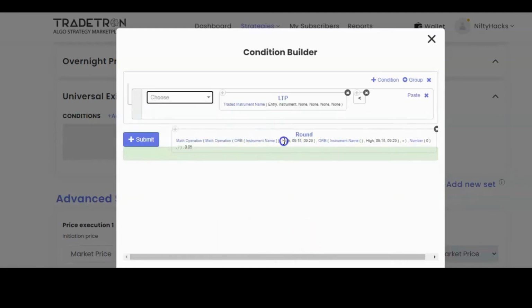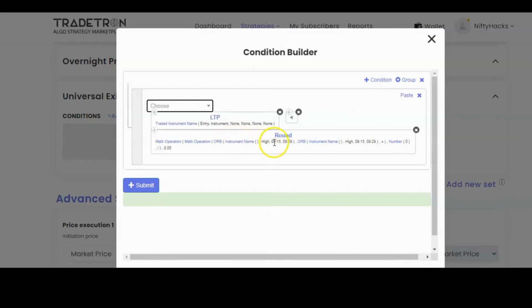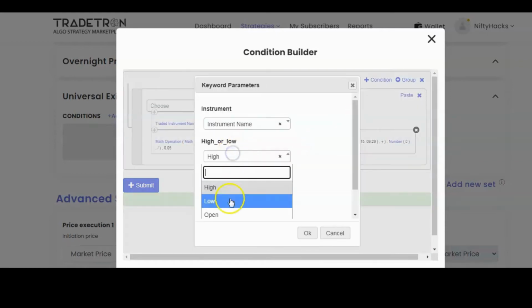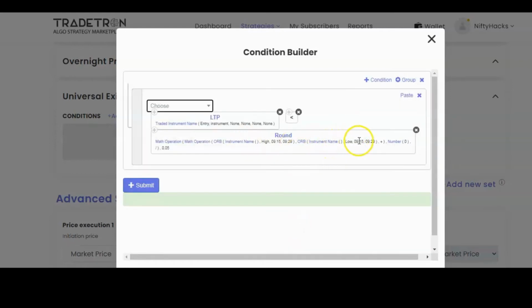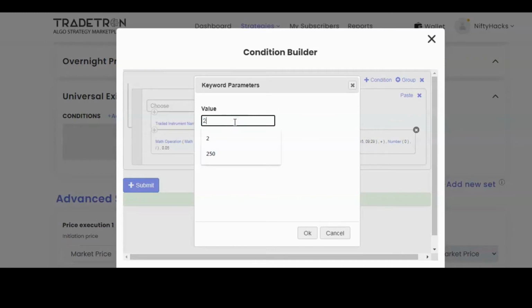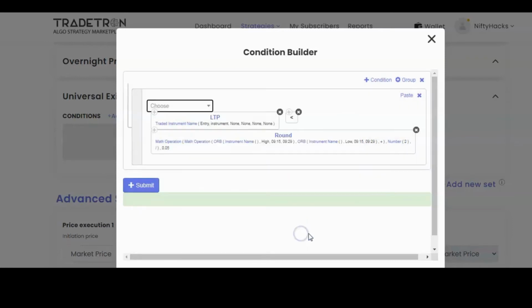So this is the first 15 minute. As you can see, this is ORB high, and here we have to change to ORB low, and this plus will add both these numbers, and here we will use number 2 as we want half of its value.